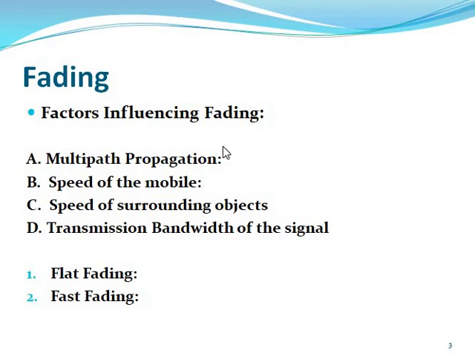Previously we covered fading and the effect of fading, speed in mobile communication, then transmission media and the bandwidth of the signal, which depends on the frequency. We also saw how fading is affected. When data is transmitted from one point to another, and the noise or signal is reflected by a particular object, fading occurs. We also looked at flat fading and fast fading, and reflection.